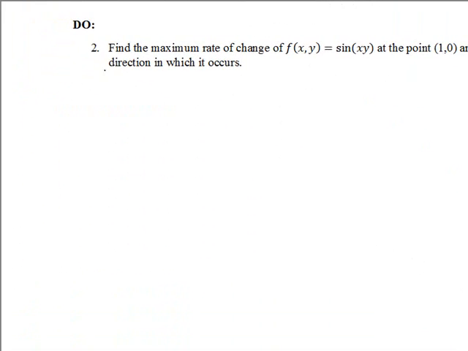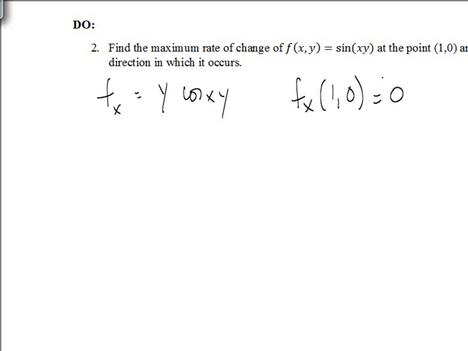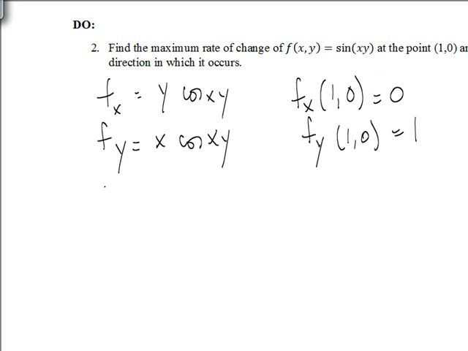Okay, let's do it. The partial of f with respect to x is y cosine xy. At the point (1, 0), we get 0. The partial with respect to y is x cosine xy. At the point (1, 0), you get 1. So the gradient at (1, 0) is <0, 1>.